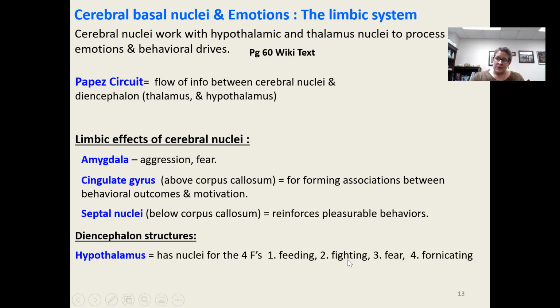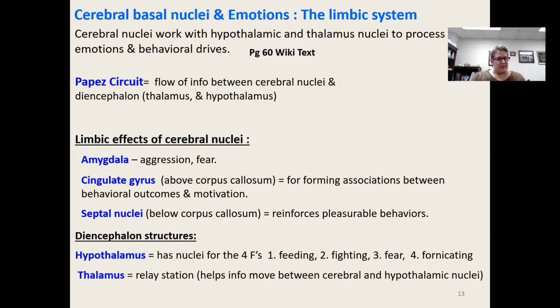Now, if you're in danger, you have what's called the fight or flight response. This is literally the fight part of that. And with the fight or flight, the fear or running away is also life protecting. And then lastly, reproduction. Now, I put fornicating, not the other F word, but reproduction is also a very strong impulse. So that's the four F's.